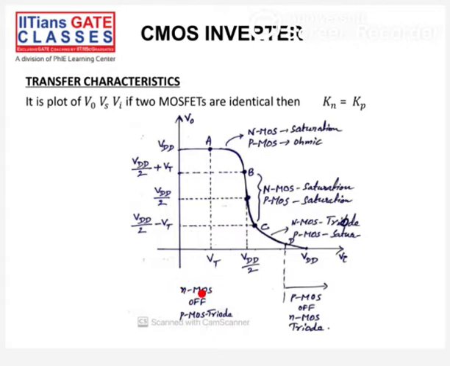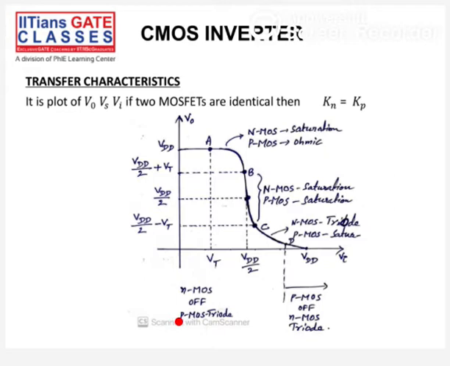So NMOS will be in off condition. And PMOS will be in triode region. It means it is acting in the ohmic region, we can say. It will be acting as a resistor only.